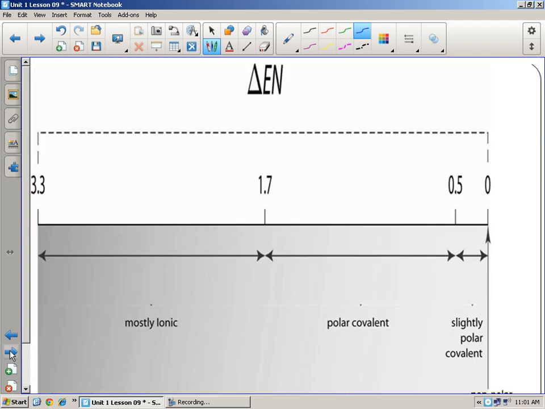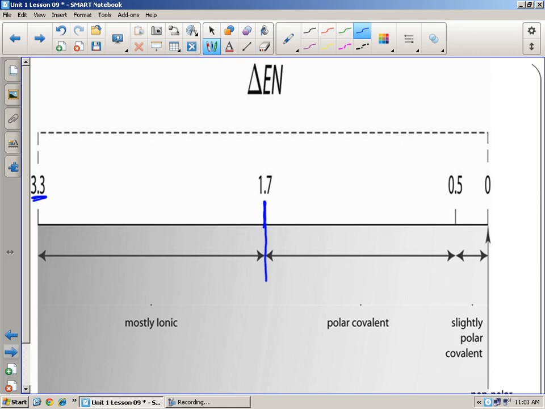You might say, what's the magical number? How do I know it's ionic? Well, they came up with this chart here. And really, you don't have to memorize this number, 3.3. The one that you maybe want to memorize is 1.7.